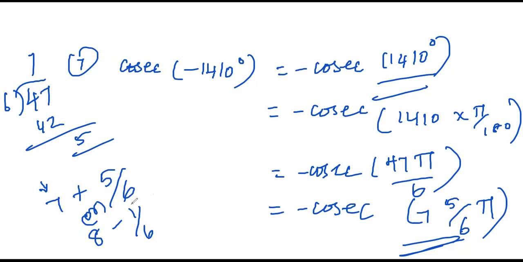Oh, I don't know. What is 7 plus 5 by 6? 7 sixes are 42. 42 plus 5 will give you 47 by 6. And 8 sixes are 48. 48 minus 1 will give you 47 by 6. Both are the same. Okay.